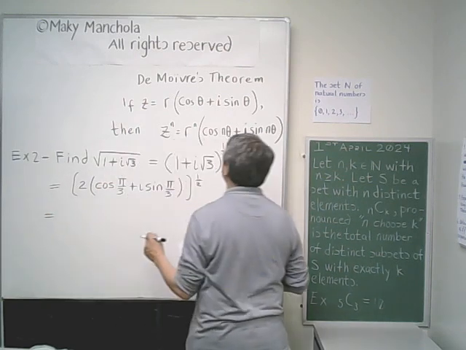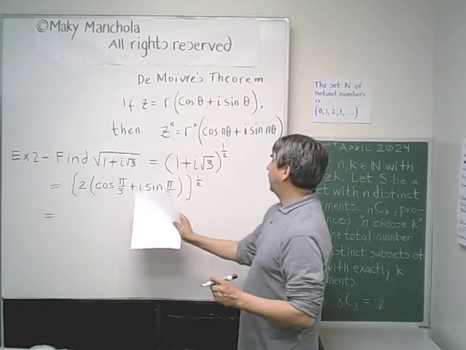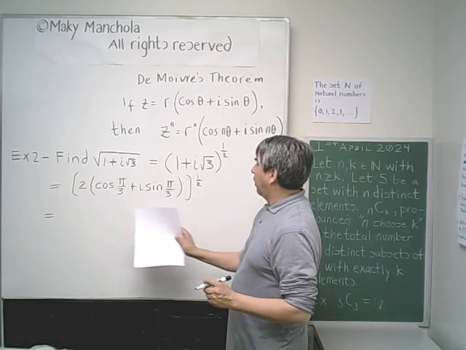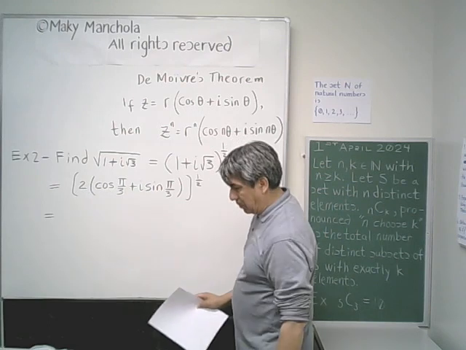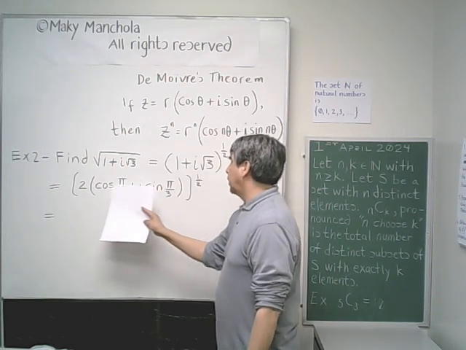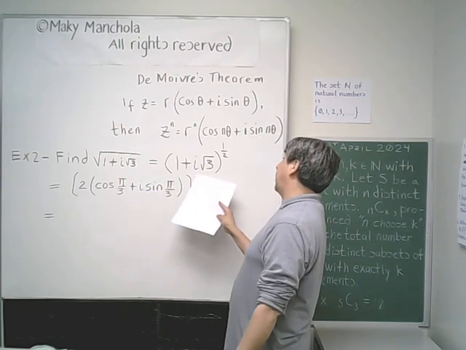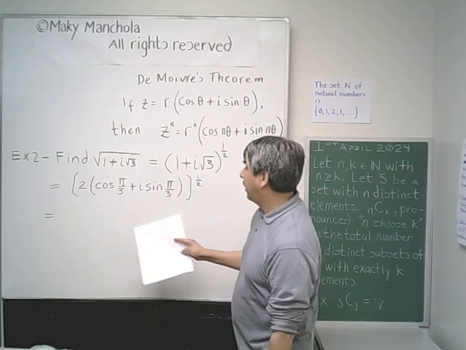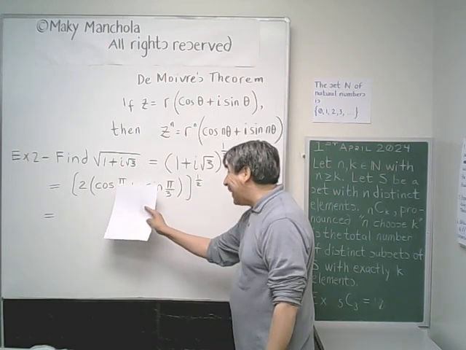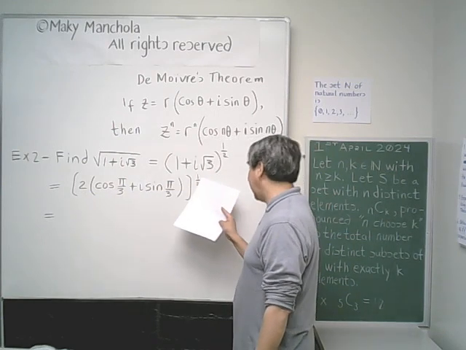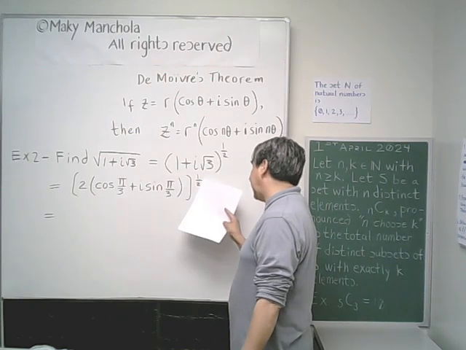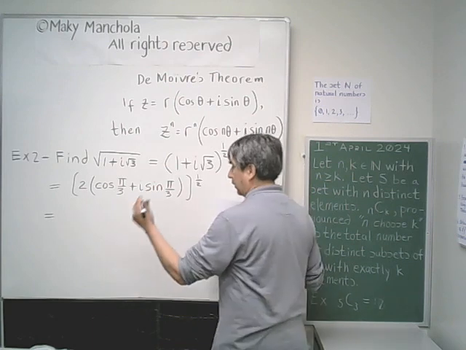DeMoivre's theorem says that when I take r cosine of theta plus i sine of theta and I raise it to the power n, I get r to the n cosine of n times theta plus i sine of n times theta. So let's do that.